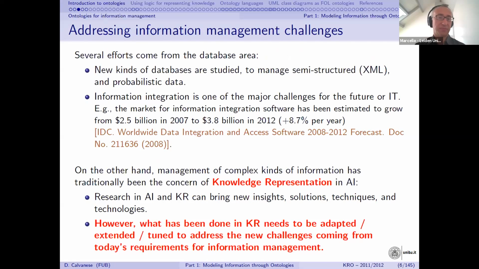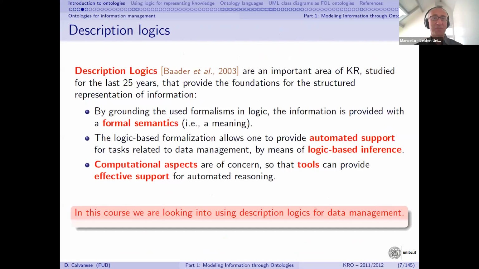So I don't know if I really have to go through all the slides. I can go faster on this. So this is the most important thing, that there will be a full chapter on description logic. These are tools which are used in the semantic web, for example, and they are based on logic to describe the information which has to be represented.